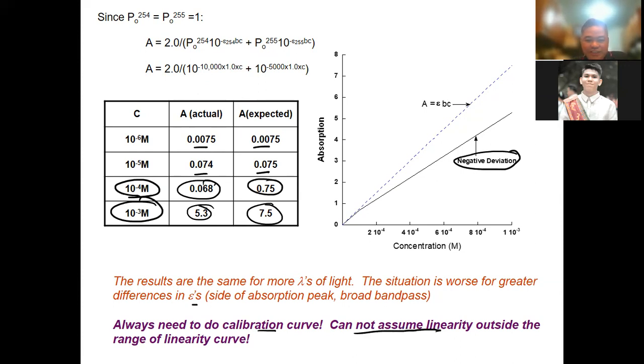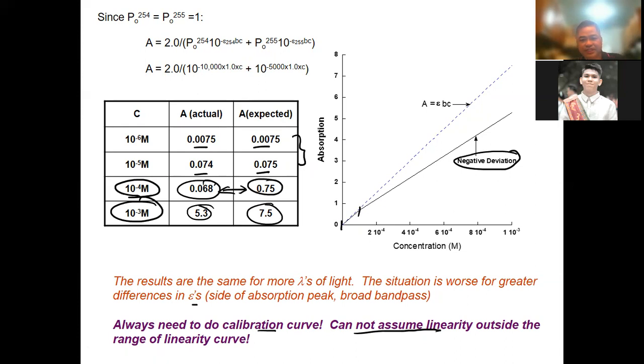So based on this, you can say maybe it's just up to here, because after this it's already so far from the expected absorbance. So maybe from here you could say we can just use this until here. If you go over that concentration, Beer's law is not observed anymore.